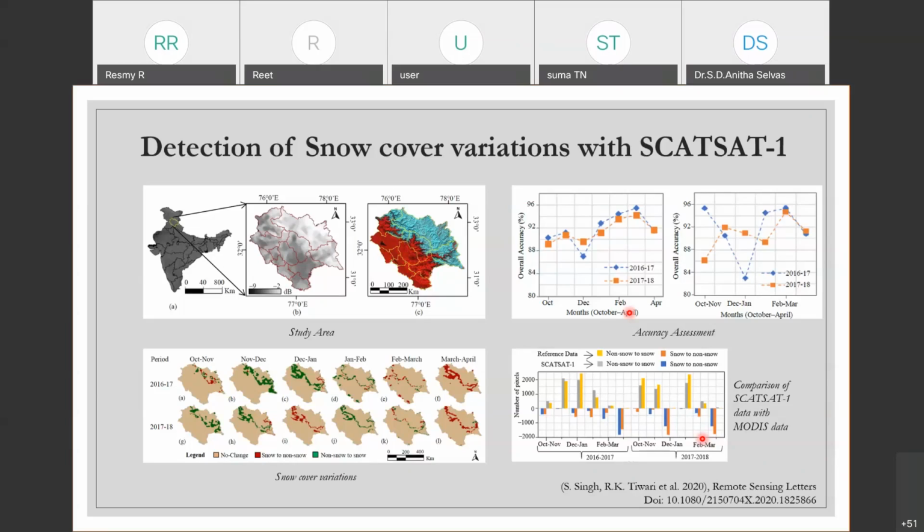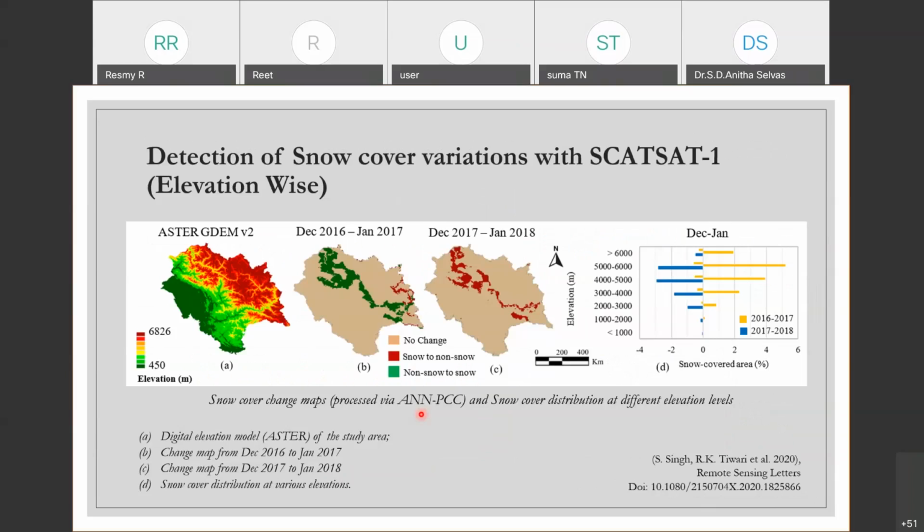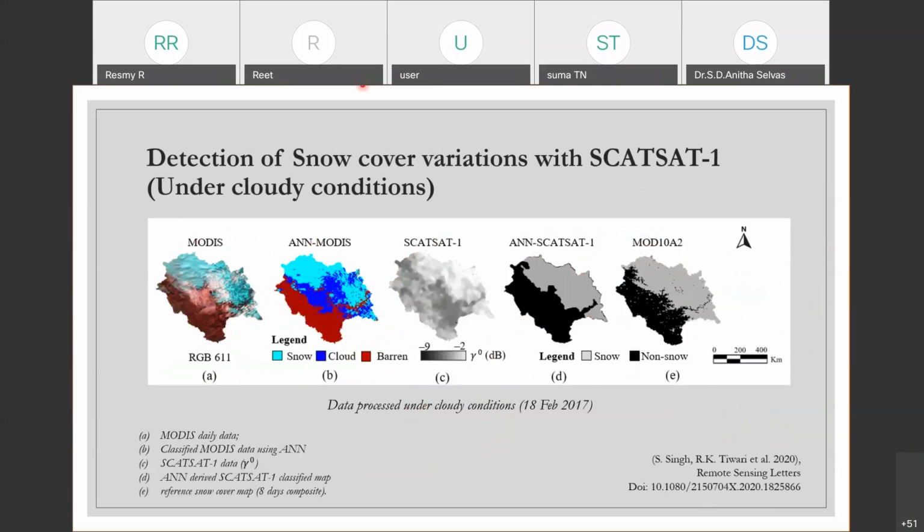At higher altitude it decreased less, but at lower altitude it decreased much more. We used the ANN PCC method for finding out the snow cover area, and then the change map.